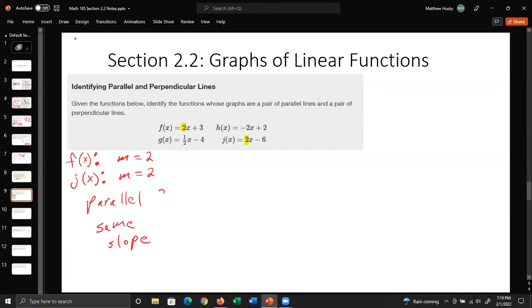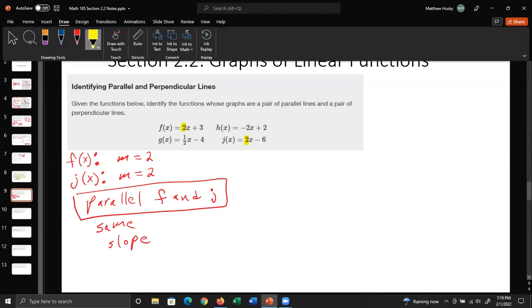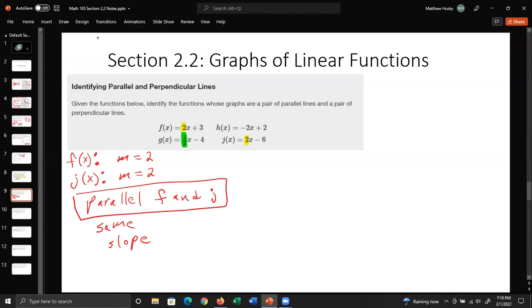So F and J are going to be parallel because the value of their slopes is exactly the same. Meanwhile, if we look at the other option here, we have positive 1/2 and here we have -2.